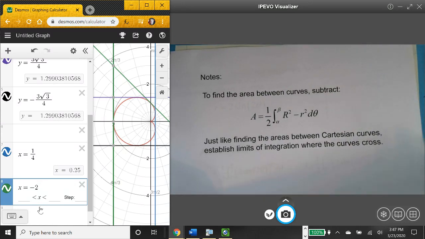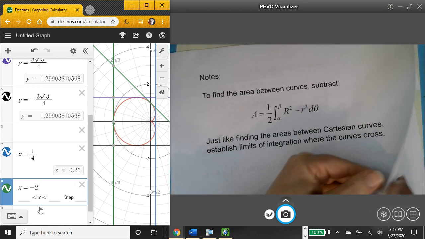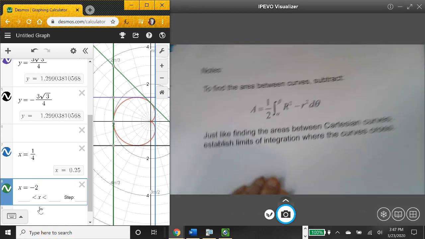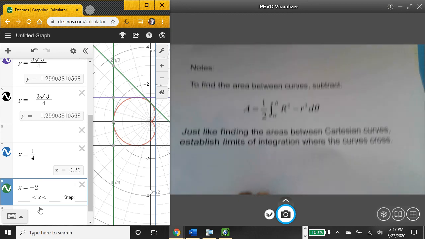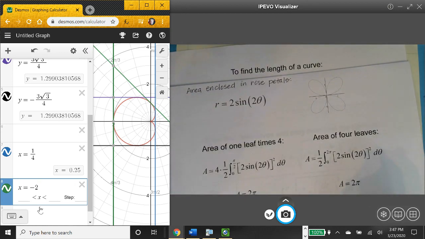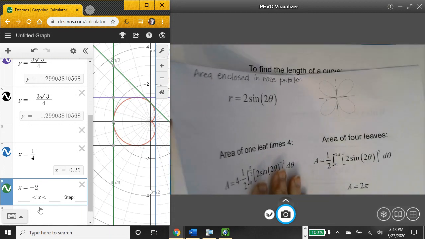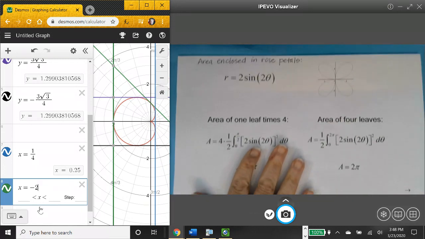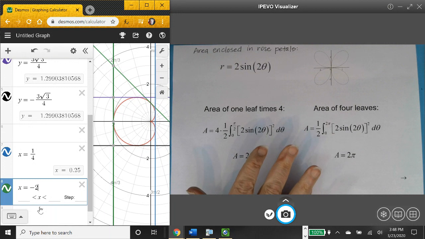So you need to do some of the homework to practice that. But I'm also going to find the area inside a petal, which I think is kind of fun.